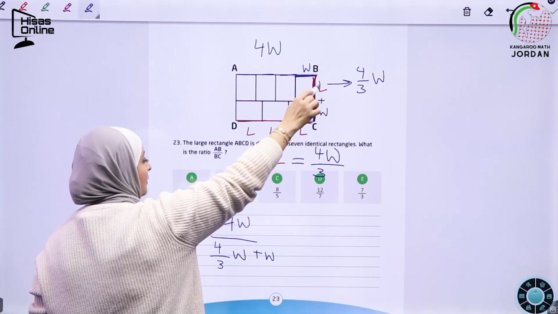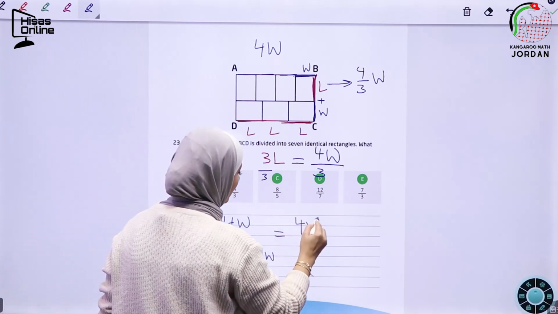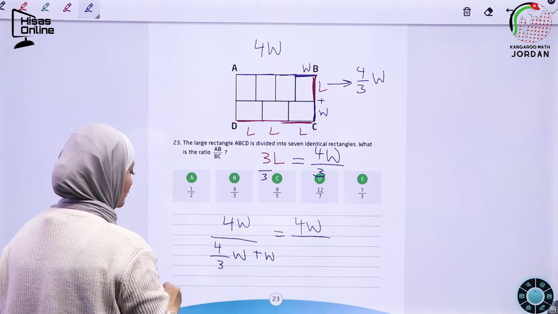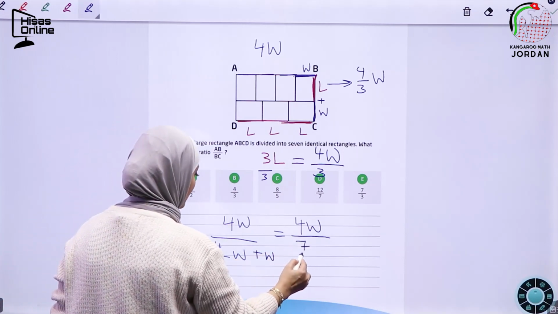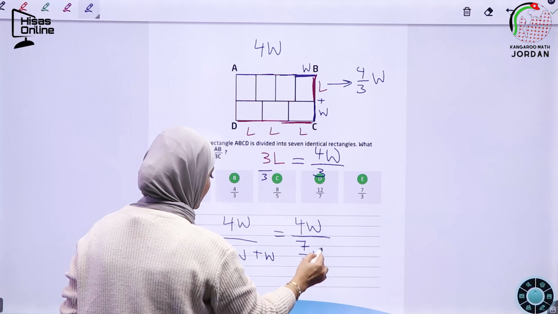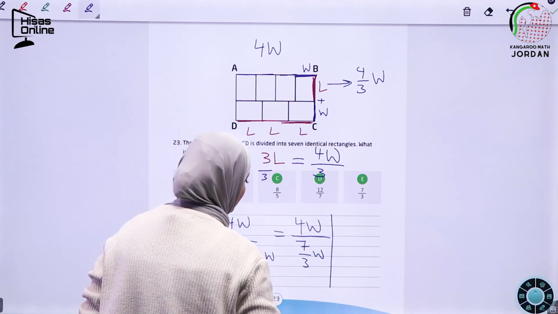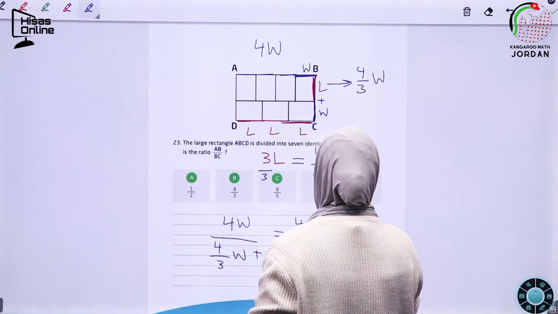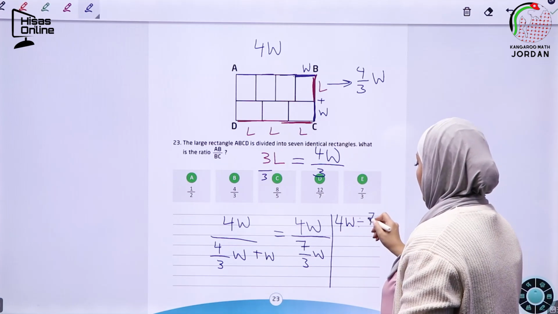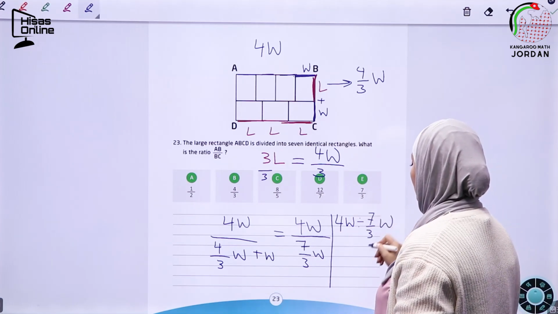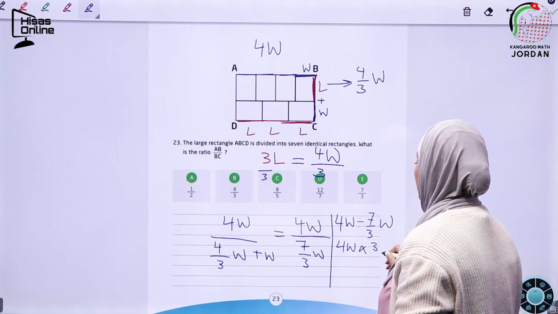Plus this one. Equals 4W over, this is 3 over 3, so it's going to be 7 over 3 W. Let's take the reciprocal: 4W divided by 7 thirds W. Keep, change, and flip.